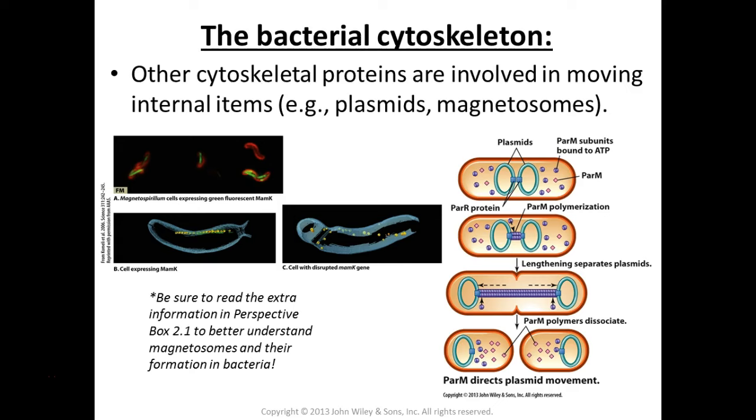How do they get one plasmid in one half of the cell and one in the other? Well, these proteins, again not all that different from what we see in mitosis and meiosis in eukaryotes, actually push them apart from each other to either side of the dividing cell.